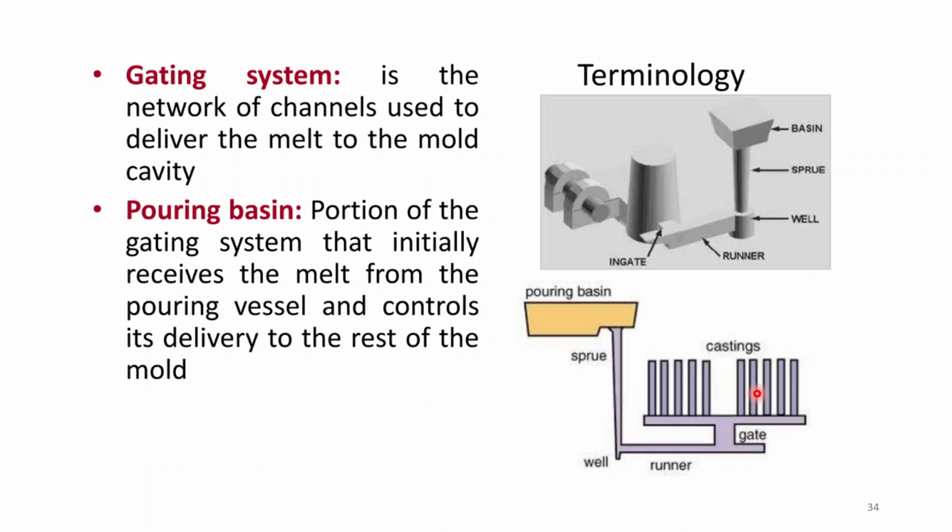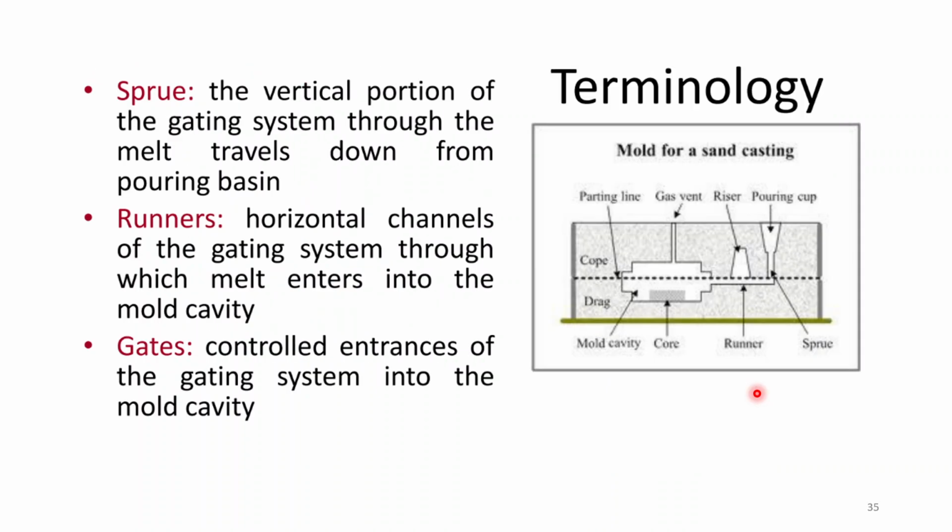Next you have pouring basin. It is a portion of the gating system that initially receives the melt from the pouring vessel and controls its delivery to the rest of the mold. Next you have sprue. Sprue is the vertical portion of the gating system through which the melt travels down from the pouring basin.